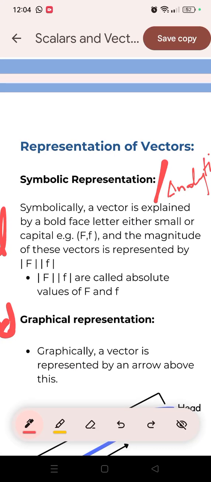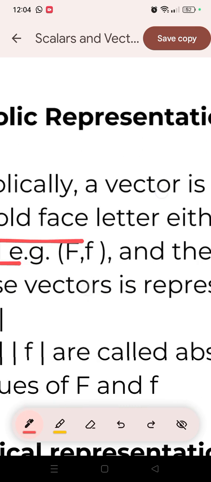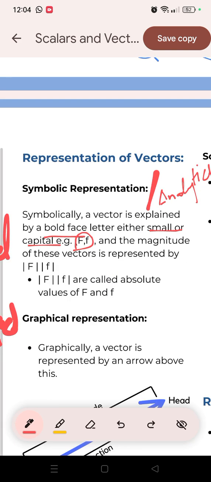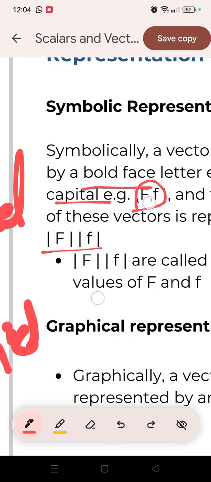So let's start. Symbolical representation is simply when you write a word in bold face letter, either small or capital. You can see the examples here, and the magnitude of these vectors is represented by these. So what does this mean?